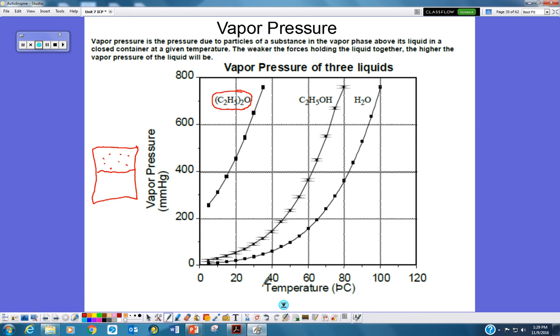It has an extremely high vapor pressure. Normal atmospheric pressure at sea level is 760 millimeters Hg. So what that's saying is this is going to be a gas at 0 degrees Celsius.